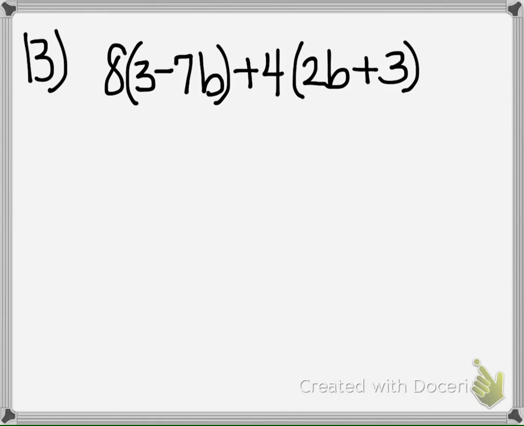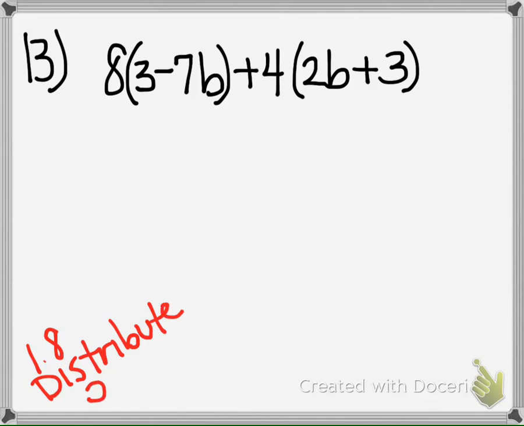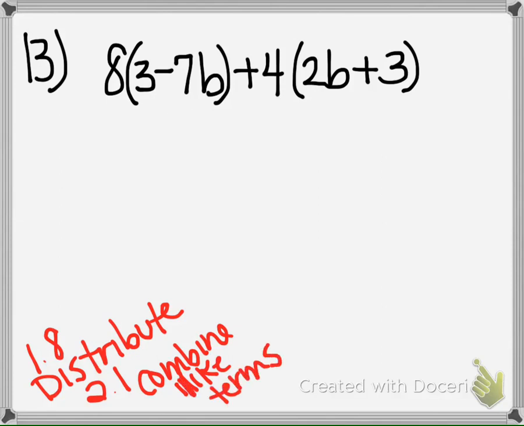Okay, here we're going to combine section 1.8, which is the distributive property, with what we're learning in this lesson, which is combining like terms. So when we have a problem like this, and we're trying to decide what goes first, think about order of operations, PEMDAS.